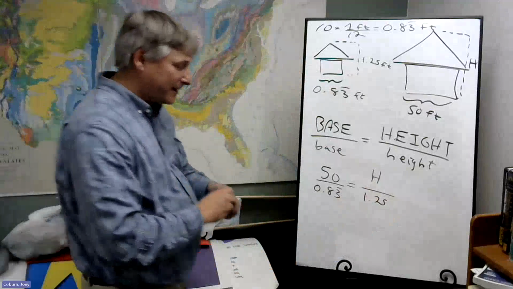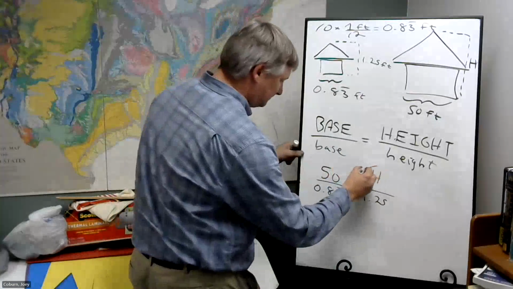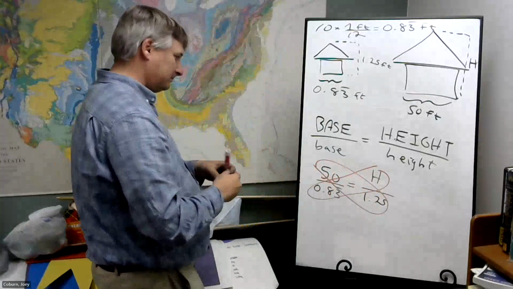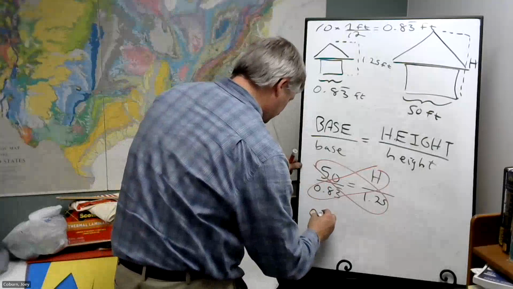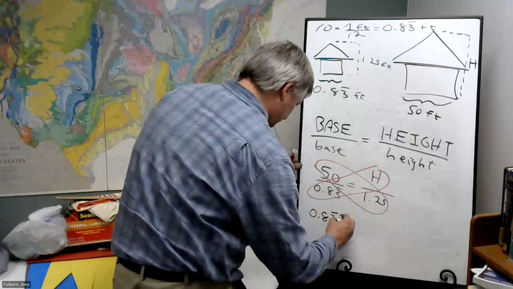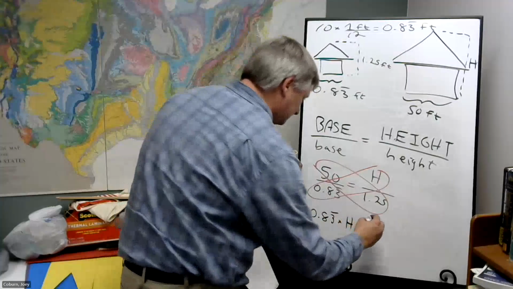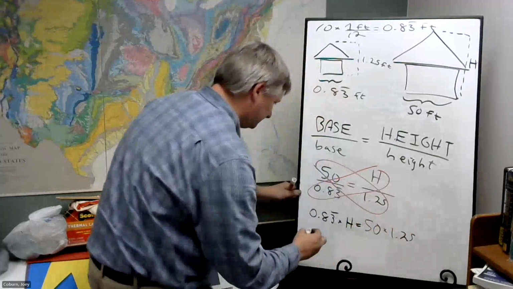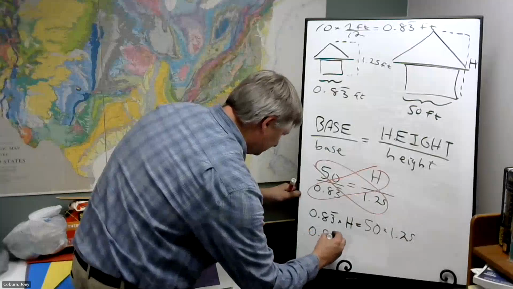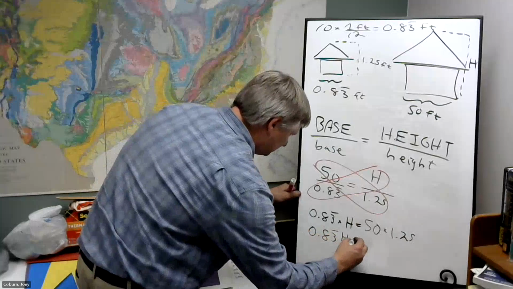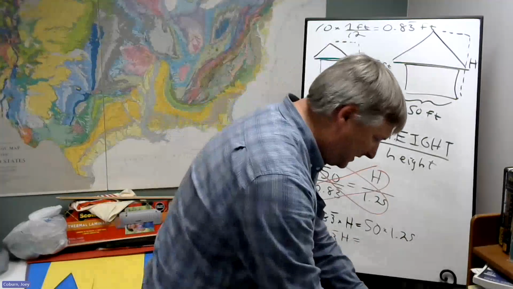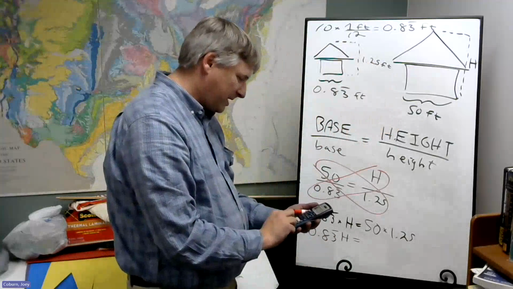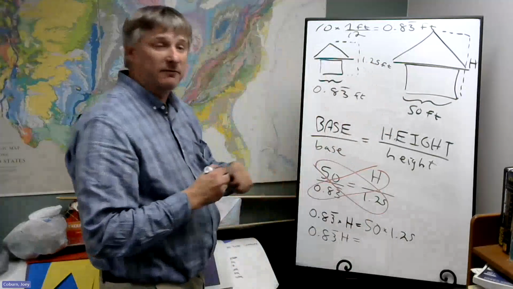And now we cross multiply. Let's see, 50 times 1.25, 62.5.